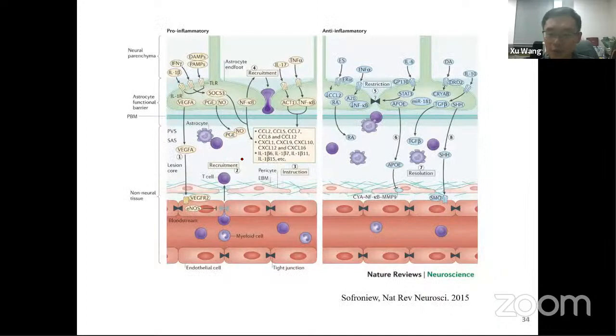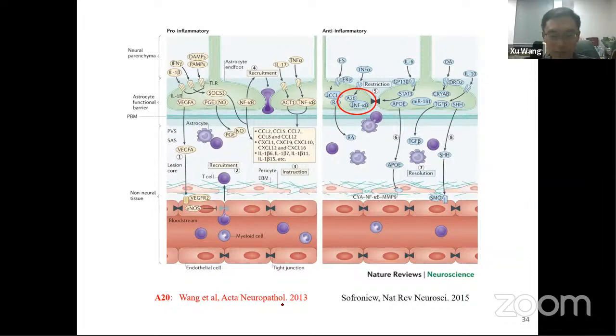Before, I studied the function of A20 in EAE. As I talked about before, EAE is a model used to study the human autoimmune disease, MS. And in the paper that I published, I found that A20 inhibits EAE by inhibiting the NF-kappa B signaling in astrocytes.